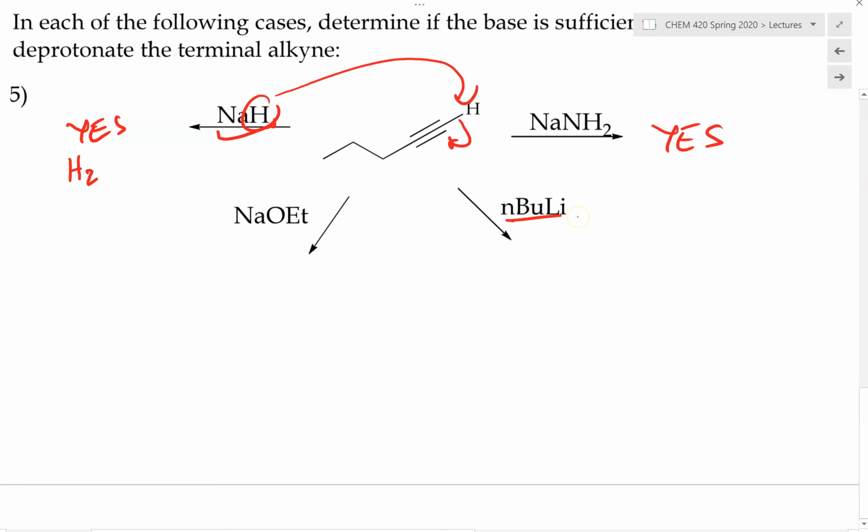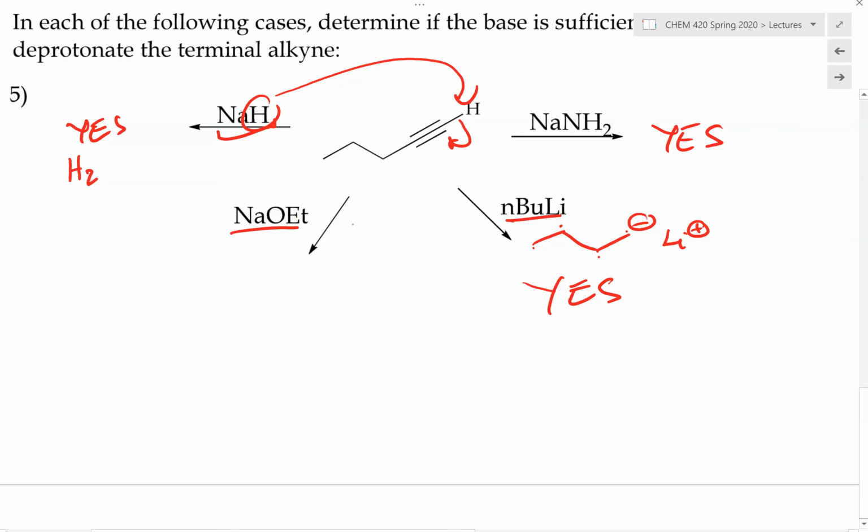And here is n-butyllithium. N-butyllithium is when we have this 4 carbon chain, where this is negative and this is positive. The conjugate acid of this has a pKa in the 50 range, so clearly this is a very strong base. This is overkill, but it will be able to deprotonate the alkyne very easily.